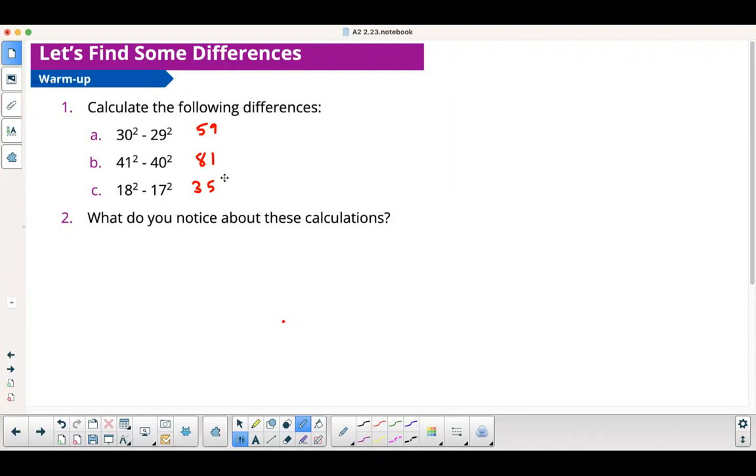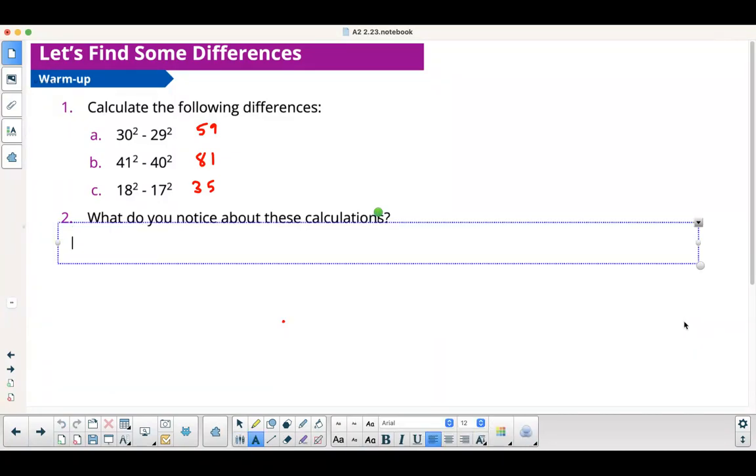All right, what do you notice? Well, if you look at both of these, I would say the difference of the squares of two consecutive integers is always equal to the sum of the integers.